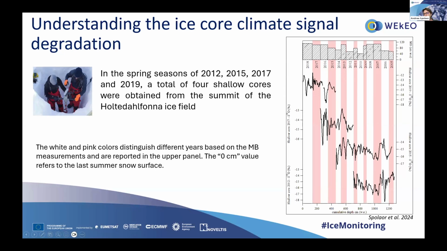What we can see is that in 2012 there is some kind of oscillation of this parameter connected with the temperature, as well as in the 2015 ice core. But when we move to the cores that we collected in 2017 and 2019, this oscillation that we were able to see in 2012 and in the core collected in 2015 has completely disappeared.